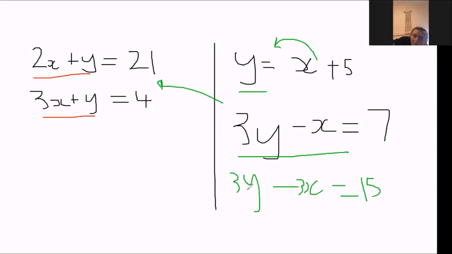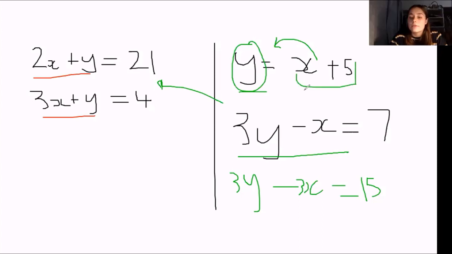Because now you've got the same on both sides. But we already had just the y by itself. Yeah. And so it was easy just to sub the x and the 5 into the y. Does that make sense? So that's the difference between the two.